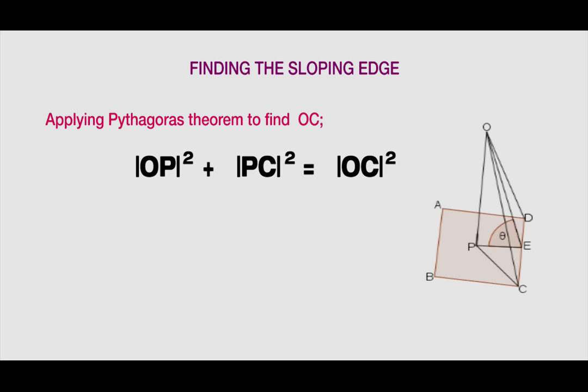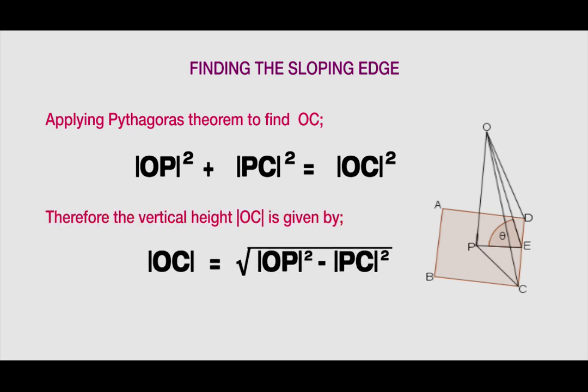So from the diagram, we can have OP squared plus PC squared to be equal to OC squared. Therefore, the sloping edge OC is given by the length of OC to be equal to the square root of OP squared plus PC squared. That is good.